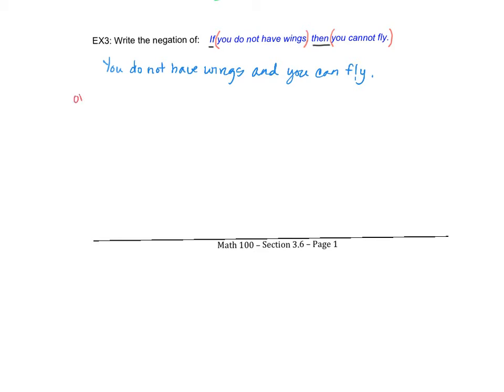Another thing you can do if you are getting confused by keeping everything in words is you can label your statements. And here I'm just going to let P be the statement, you do not have wings. Typically, we also get rid of the negation, but I'm going to leave it and write P, you do not have wings. And then Q would be the statement, you cannot fly.